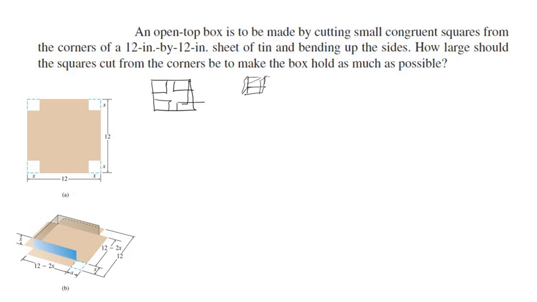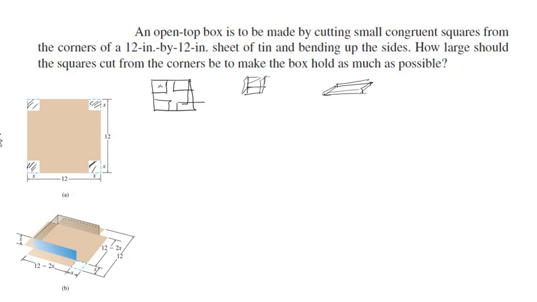But if you cut a small x, then you will have a wide base and a small height. So what they want to know is the best x, the size of the cut square x squared, that will give you the maximum volume.